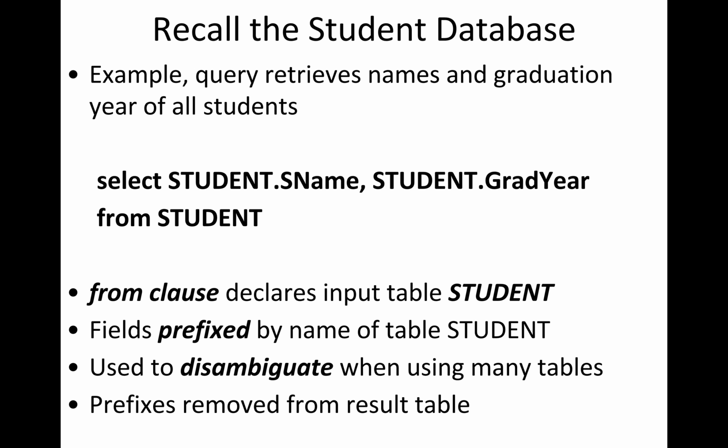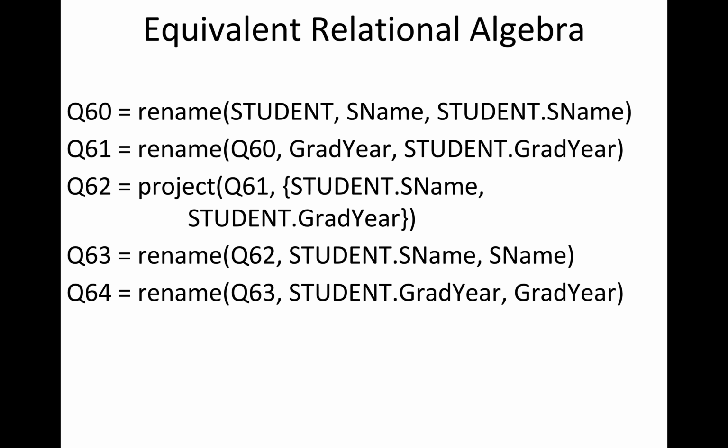If indeed you have multiple tables, then it is sometimes necessary to add them. If the fields only appear in one of the tables, then it's not necessary to prepend it with the name of the table. It is implied. It can figure it out on its own. But if you have fields that have the same name in multiple tables, then you have to prepend them with the name of the table so that you can disambiguate which ones you mean.